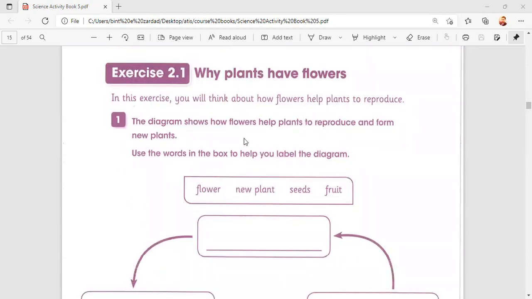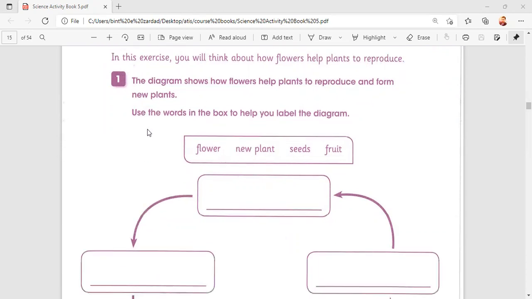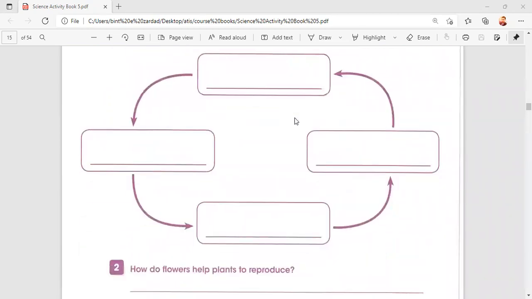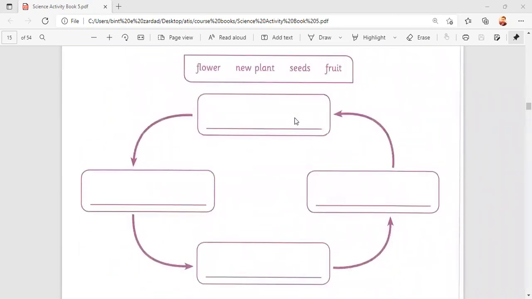This diagram shows how flowers help plants to reproduce and form new plants. Use the words in the box to help you label the diagram. It's very easy.